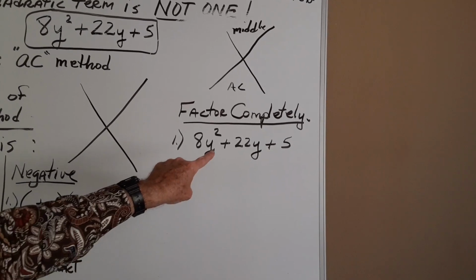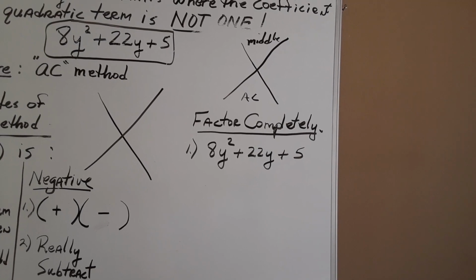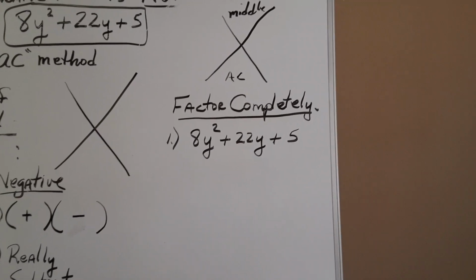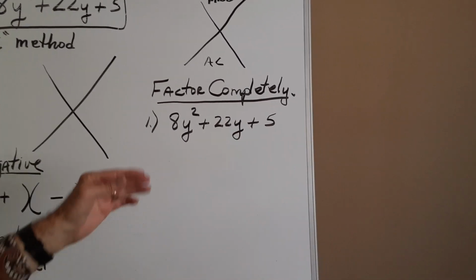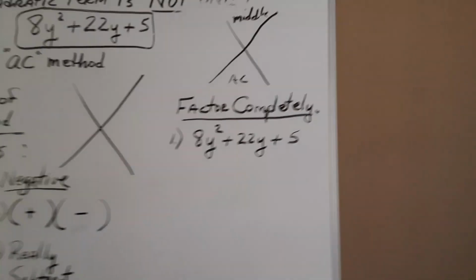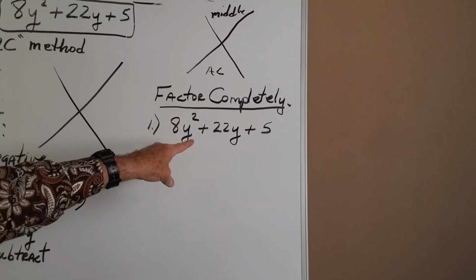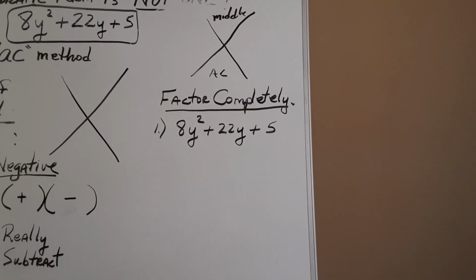We need to start by looking at the polynomial and seeing if it's got a GCF. 8, 22, and 5, nothing. That's the smallest of the 3 numbers, and 5 doesn't go into either 8 or 22. Do they all have Y's? No. Number 2, next step, does it have 4 terms? No.